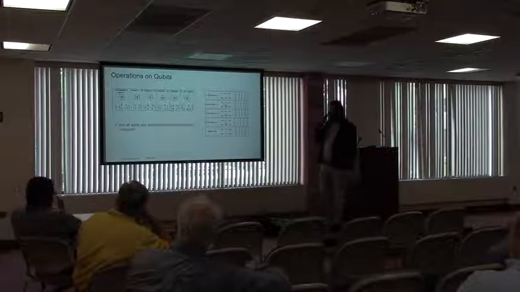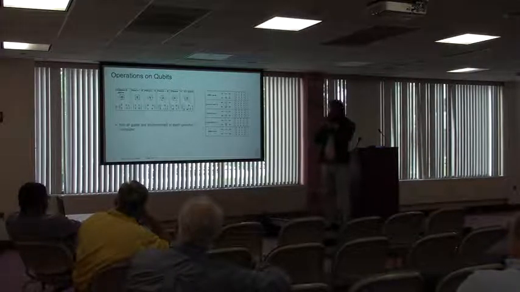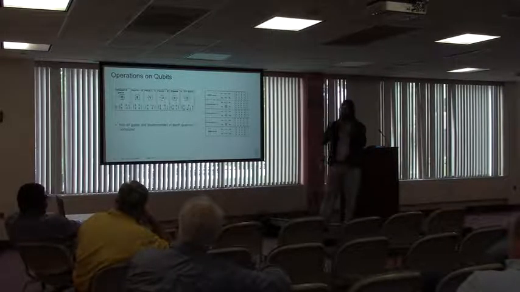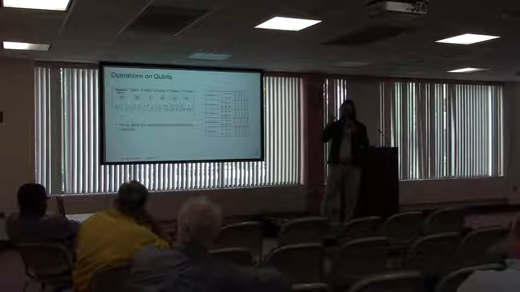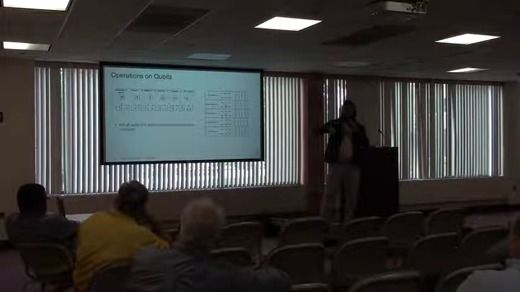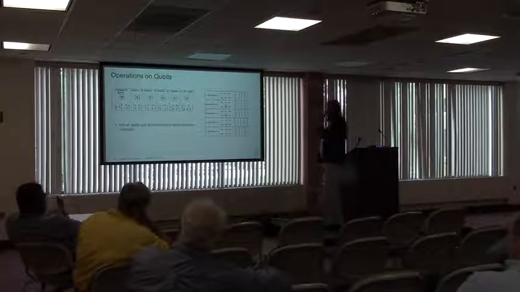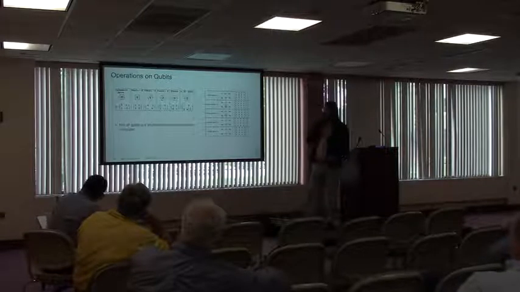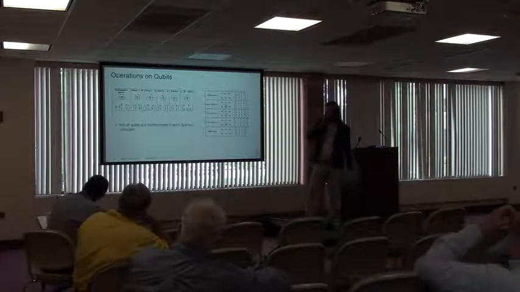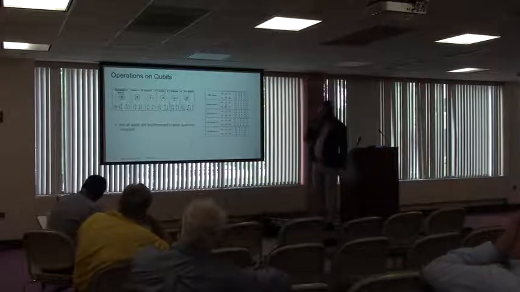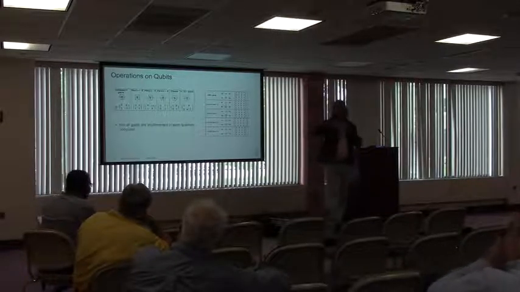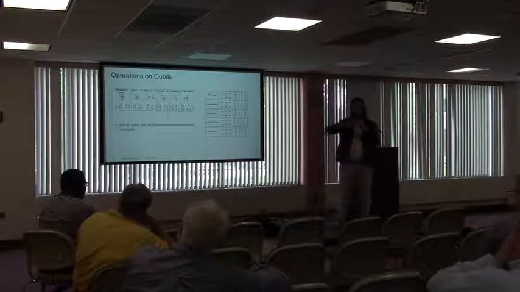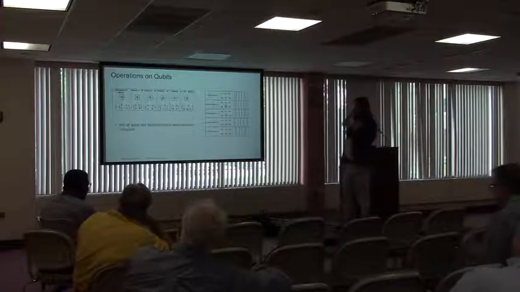For example, a Hadamard gate, which usually takes a qubit pointing to one of those states and flips it to the circumference of that Bloch sphere. And there are some rotation operations: X rotation, Y rotation, Z rotation. I can change the phase of the qubit by, again, rotating around that circumference.